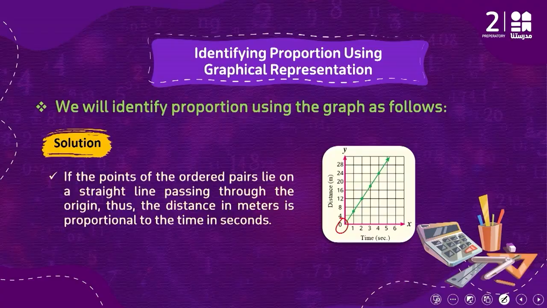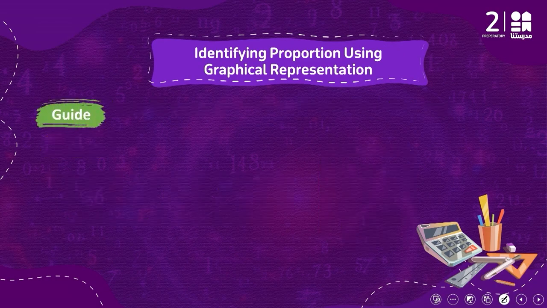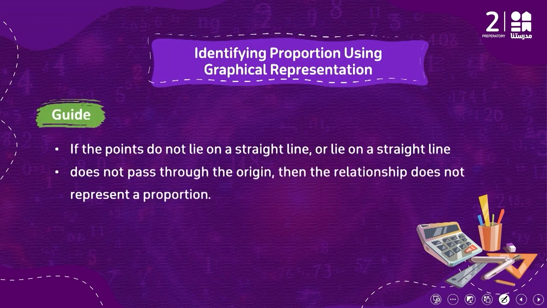These two amounts were time and distance in this question. So if the points lie on a straight line passing through the origin, starting from the origin, which is 0,0, then this relation is called a proportion.